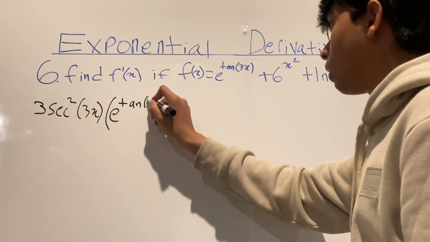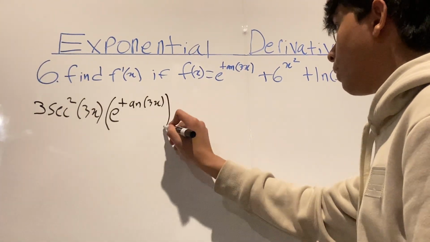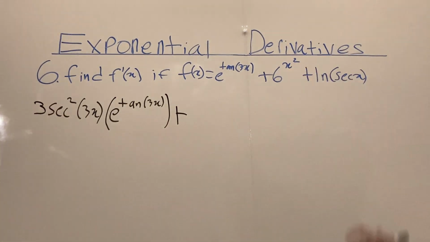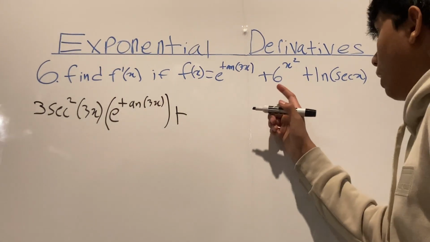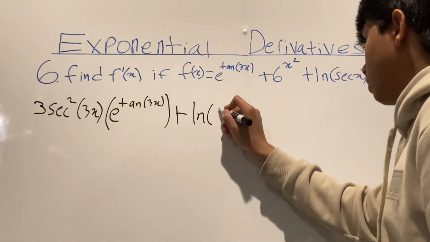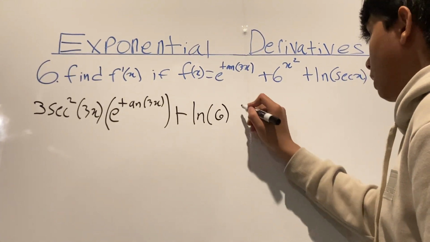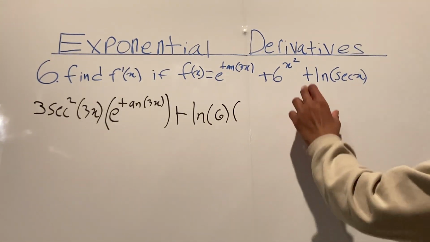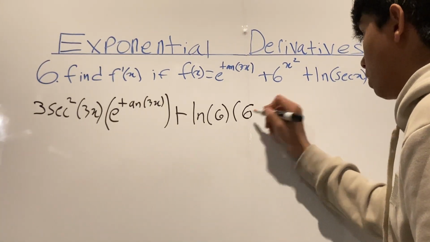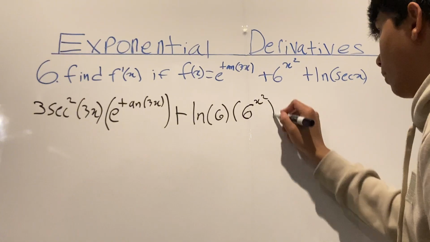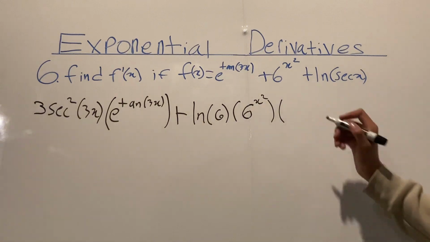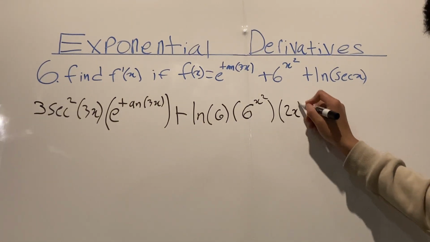tan 3x. Now plus 6 to the x squared. The derivative of this is, first let's take the ln of the base, and now this is multiplied by the original function, 6 to the x squared, times the derivative of the exponent, which is just 2x.